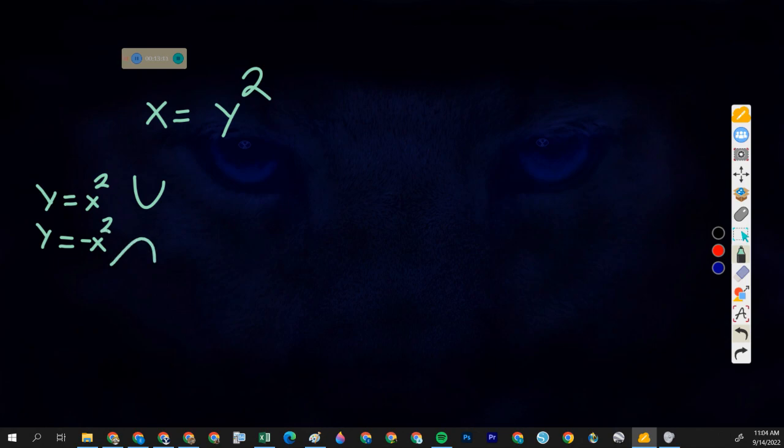Yeah. So the x and y roles have flipped. So we need to aim in the direction of the positive x's. So this would be a parabola that opens to the right, and x equals negative y squared would be a parabola that opens to the left. Okay?